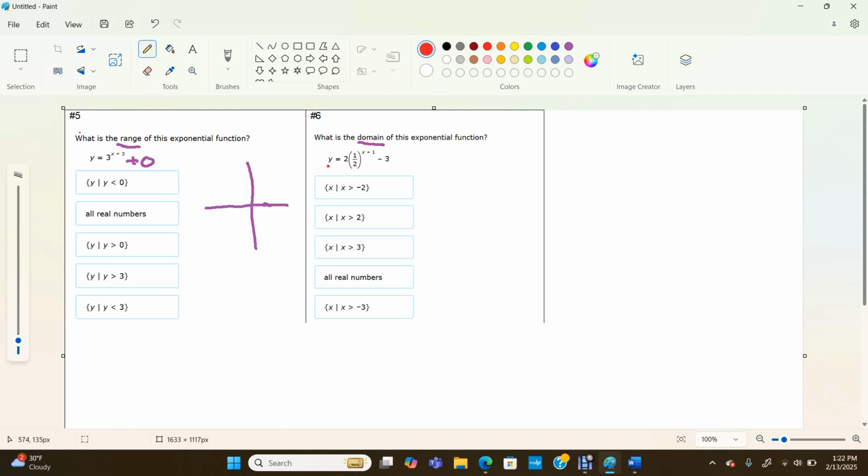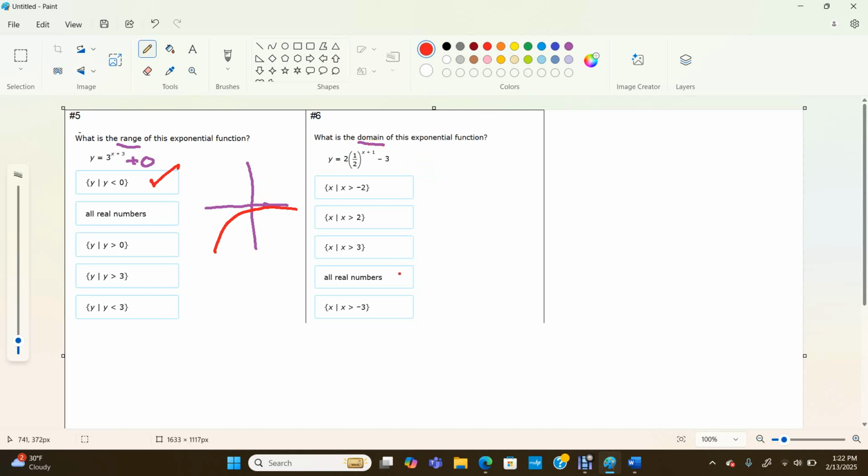It would be something like this. So it's going to approach 0, but it's never going to touch it. And that would be where all of the y values are less than, not equal to 0, because it will never touch it.